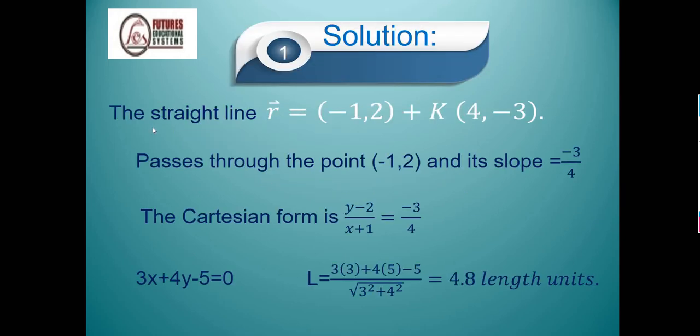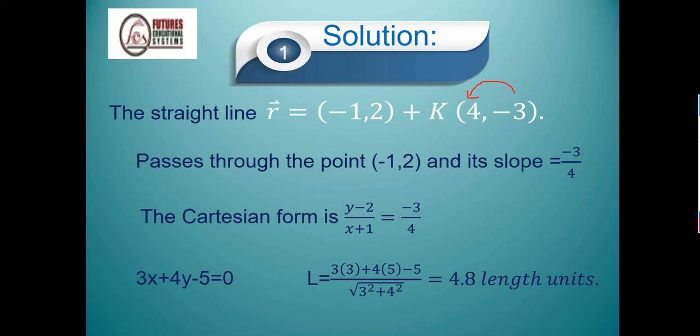To solve this example, the straight line vector r equals (-1, 2) plus k (4, -3) passes through the point (-1, 2). This is the point lying on the line, and the slope in this case equals -3 over 4.